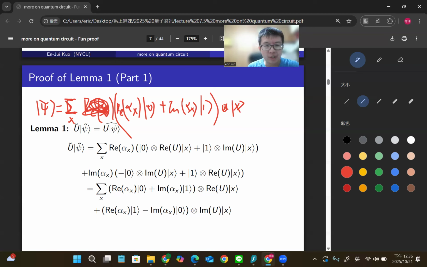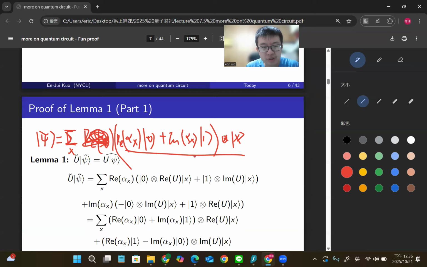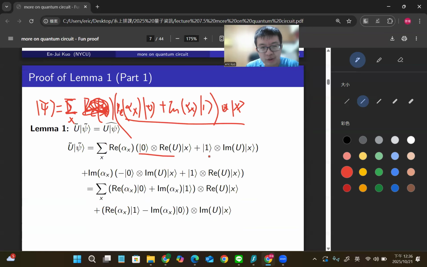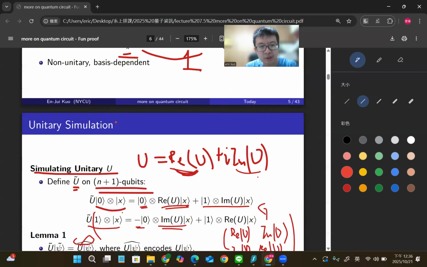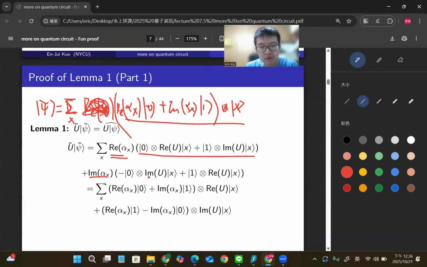When you apply U tilde on 0 tensor x, you get 0 tensor real and 1 tensor imaginary. So we collect the coefficient for the real part, and for the imaginary part, U tilde gives minus 0 tensor imaginary plus 1 tensor real.